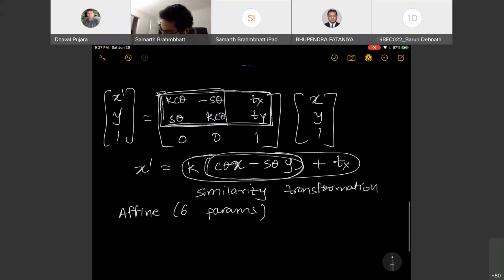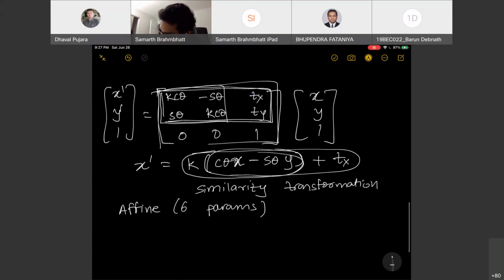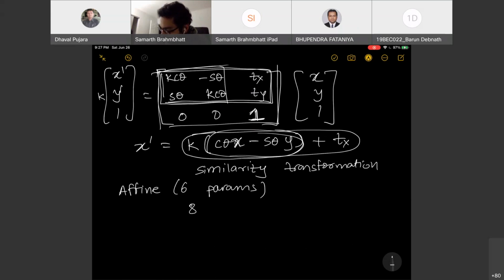And finally you can have any numbers in the whole matrix, but remember that in this homogeneous coordinate system, any scalar multiplier over here can be ignored or can be cancelled out. So then that is equivalent to saying that the bottom right element of this matrix always remains 1. So that means you have 8 parameters, and that is called projective transform.